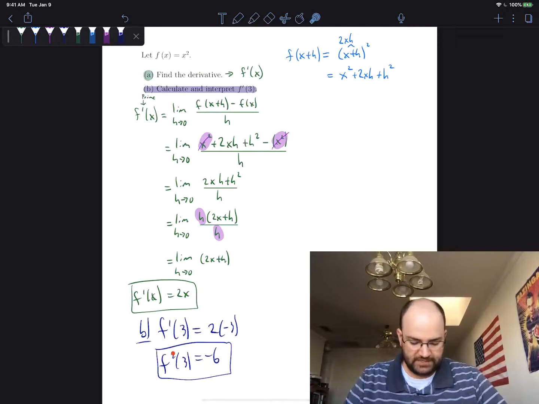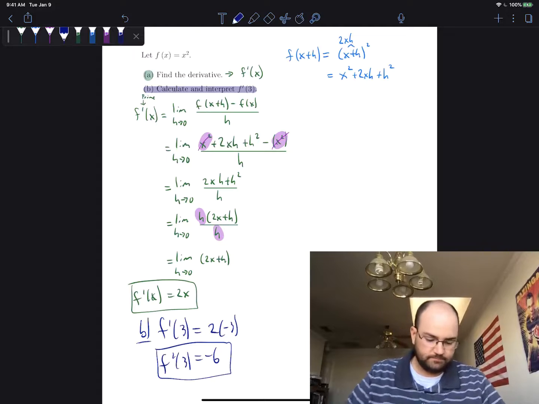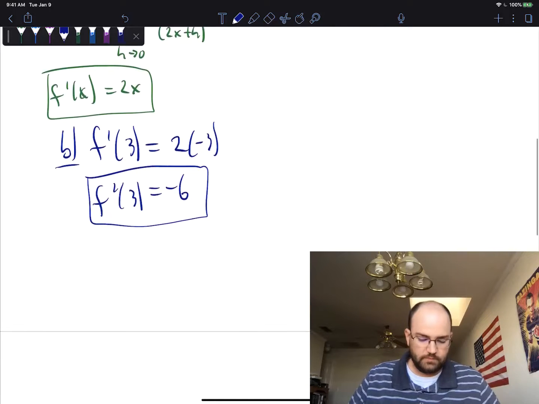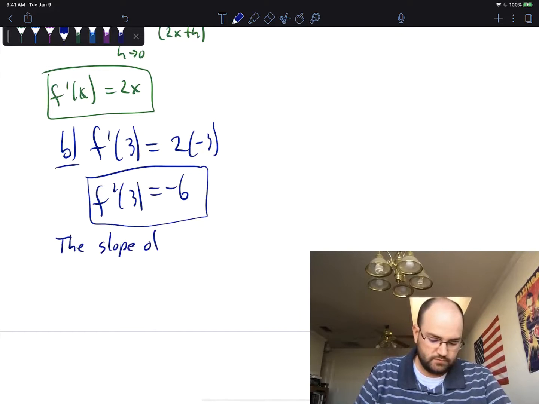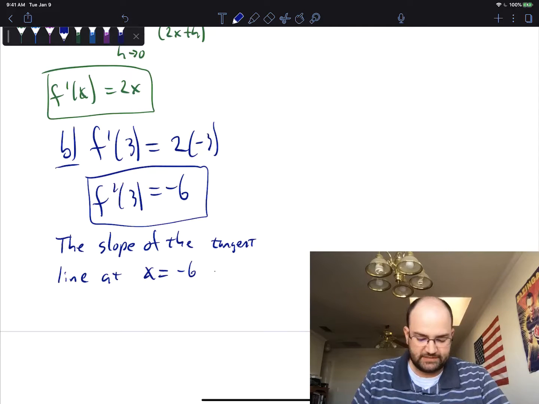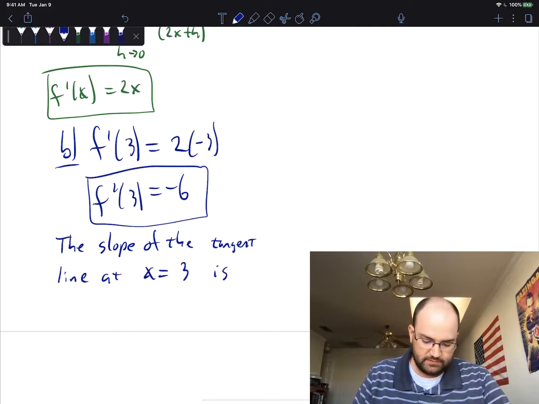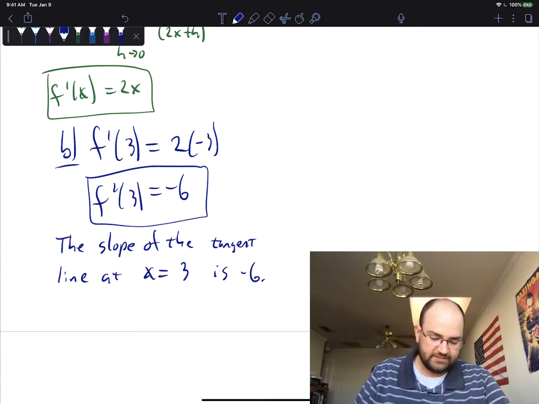Well, this tells me that the slope of the tangent line at x equals 3 is 6. That's what that's telling me.